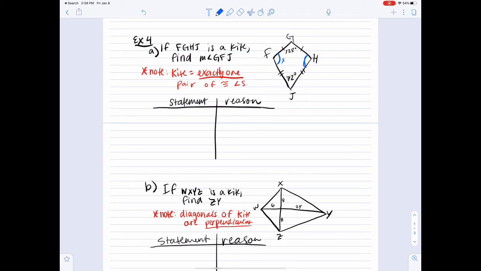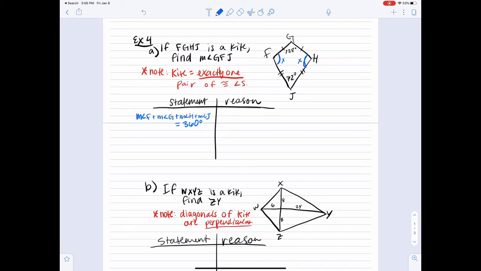So I'm going to name these both X, and they have to be congruent, so we can name them the same thing. So we can start writing this out as a statement, reason, proof. Measure of angle F plus measure of angle G plus measure of angle H plus measure of angle J equals all four of those. Remember, it's a quadrilateral. They all add up to 360 degrees.